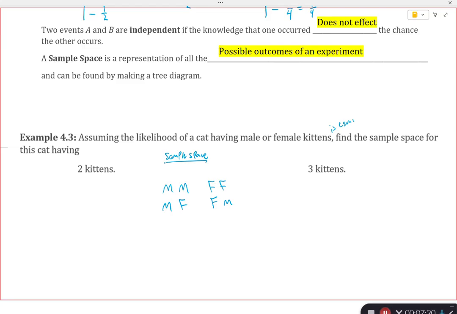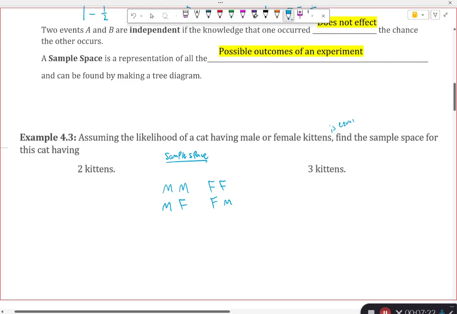We could make a tree diagram here. I'll write the cat here. Every time I draw a little line here, like I just did, that represents one outcome. So here's one level of outcome.